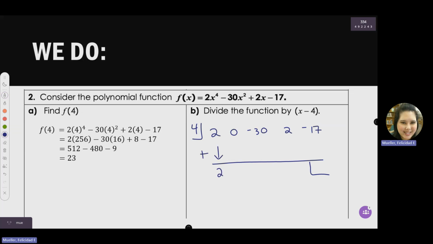So we bring down the 2, we get 8, and we get 8 again. We get 32, which gets us a 2, which gets us an 8. 2 times 4 is 8, which gets me 10. 10 times 4 is 40. So that is 30 minus 7 is 23. And so we see again that they match.